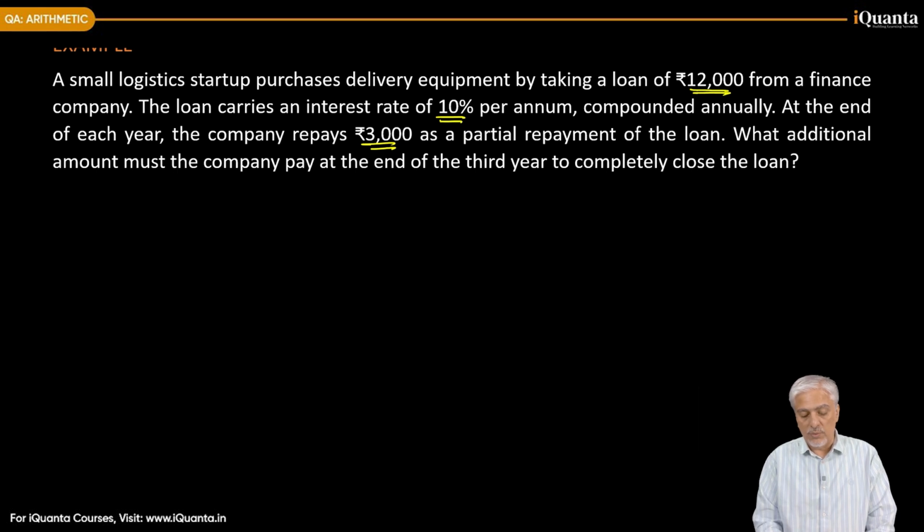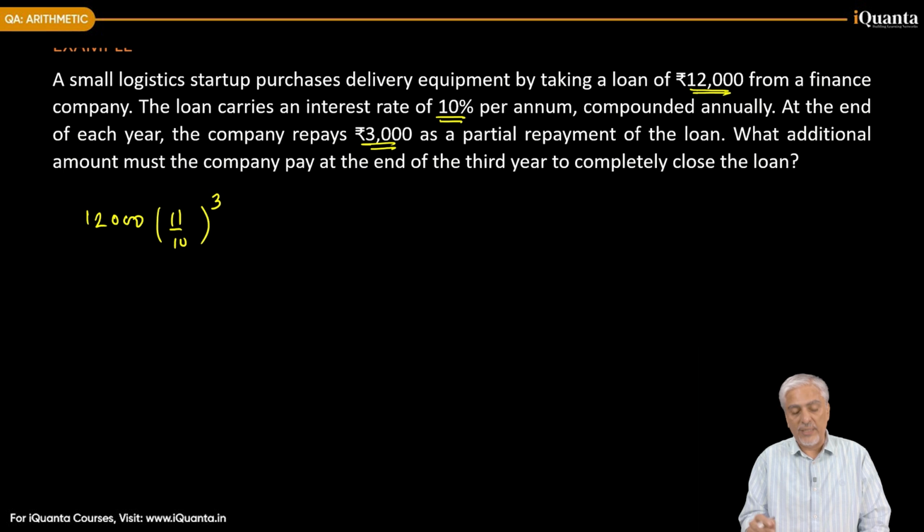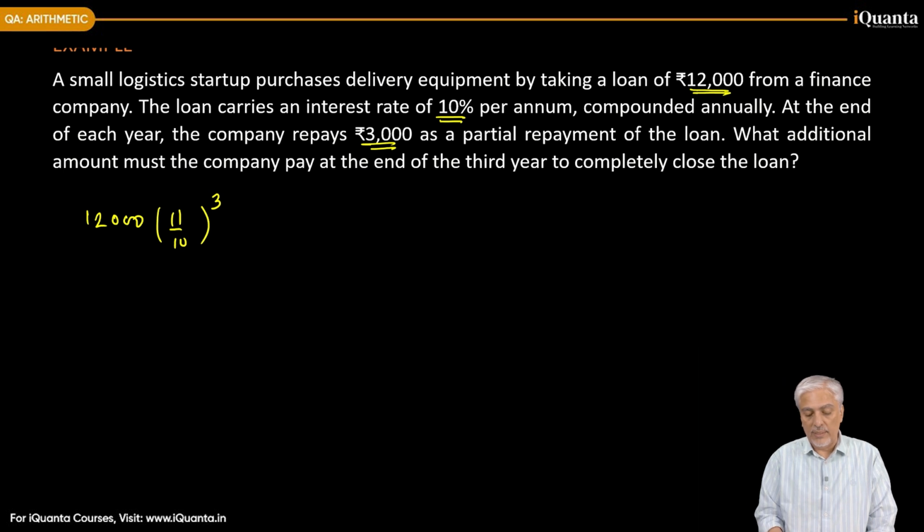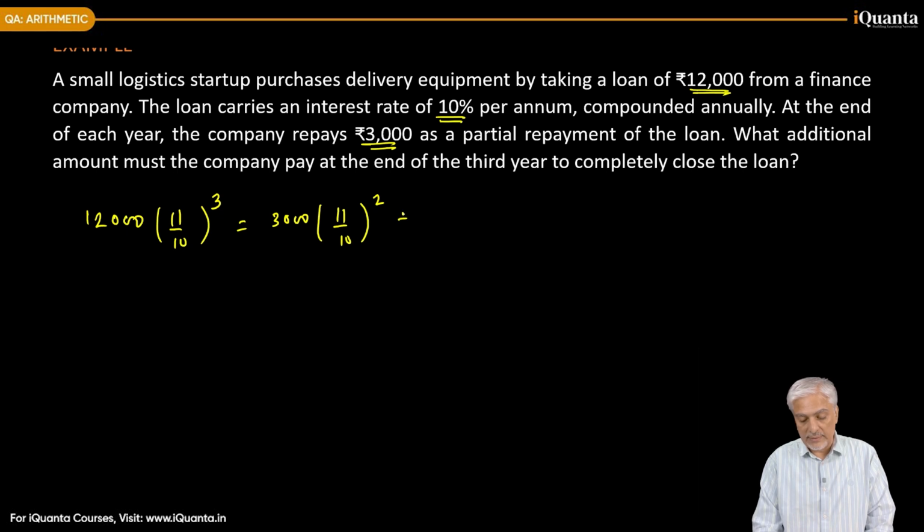So 12,000 was my borrowing, which I will have to multiply by 11 by 10 raised to 3 because I'm going to pay 3 times. Now, the first time when I pay them 3,000, I paid this 3,000 2 years early. So I will earn interest for 2 years.